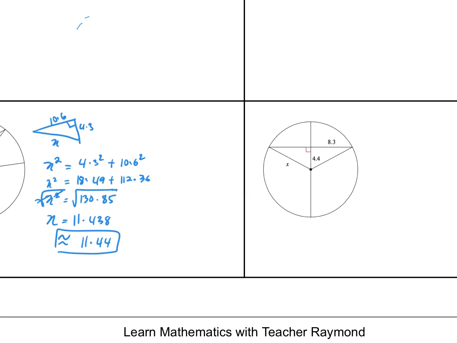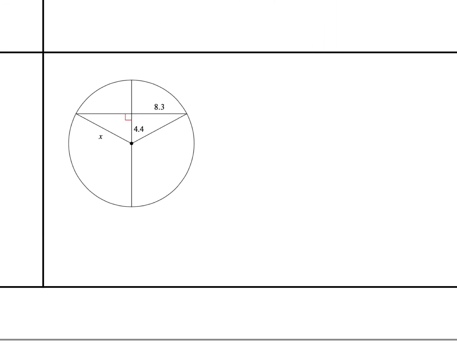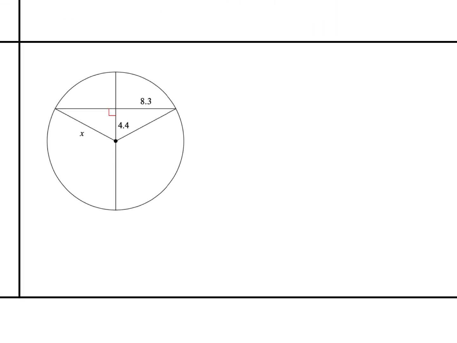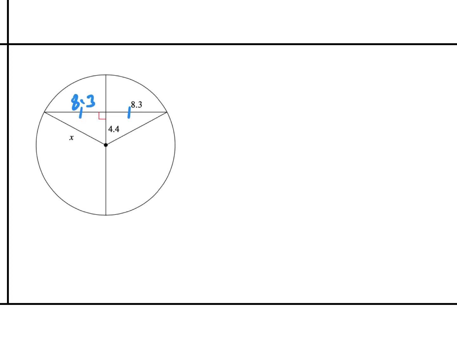Okay, let's go to the next. Okay, this is very nice. So we can infer here that this chord is going to be the same chord in this. So this is going to be 8.3. If we're going to redraw a triangle in here, it is going to look like this.